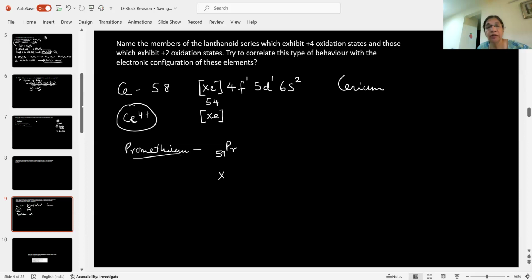So this will be Xe, 4f, 5d, and 6s. So 6s is full, 5d will be 0, and 4f3. How can +4 be? Just 1 minute. I will show you the oxidation states of all of them.